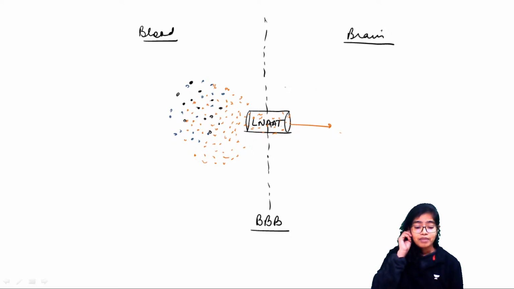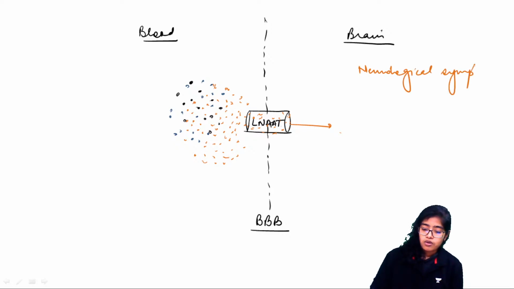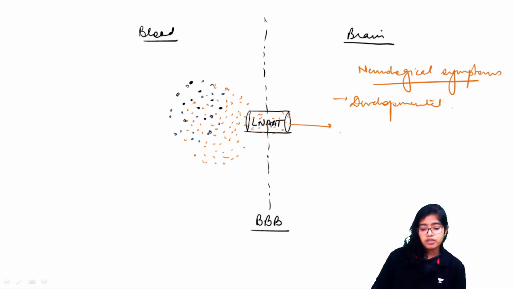Large neutral amino acids are needed for neurotransmitter secretion and for the health of the neuron. Now what will happen? There will be neurological symptoms. What are these neurological symptoms? Developmental delay. We saw in the picture, neck holding was not there, delayed milestone.